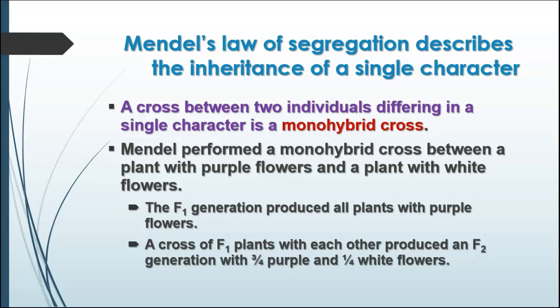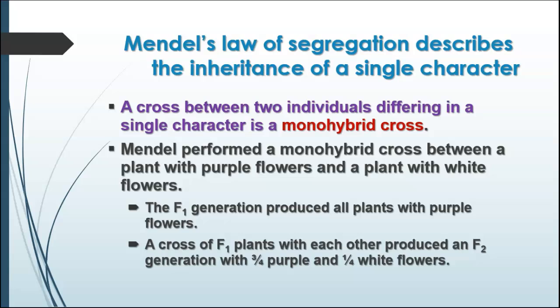He cut off the stamens, the part of the flower that produces the pollen, of one flower, and transferred pollen from the other one to the pistil, where fertilization occurs, of the other flower. He did this with multiple flowers on multiple plants.